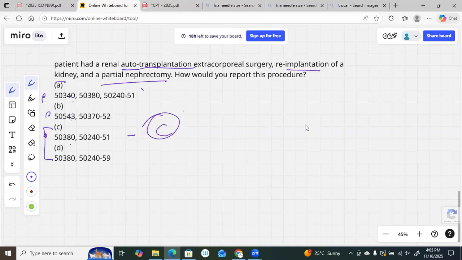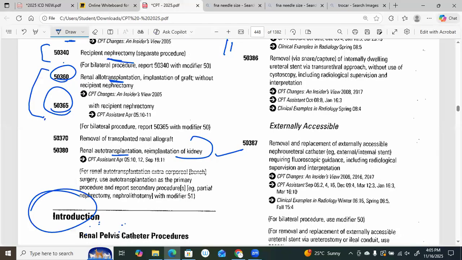But we do have the other options also, 50340 and 50543.